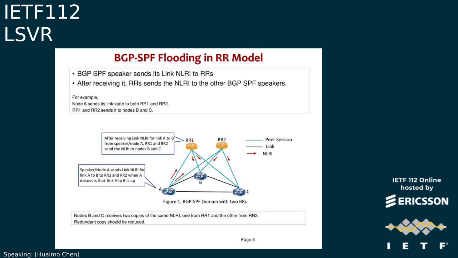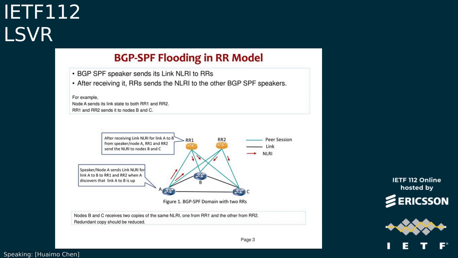In the existing BGP SPF flooding procedure for the RR model, a BGP speaker will send its link states to every route reflector. After receiving these link states, every route reflector will send the link states to the other BGP speakers. For example, in this figure, node A will send its link states to both RR1 and RR2.